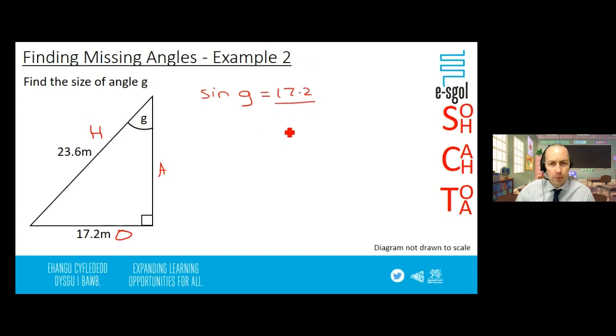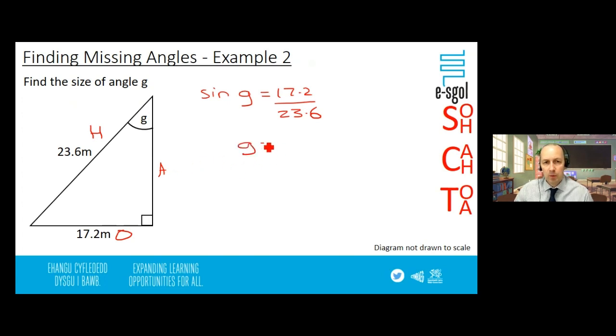and hypotenuse is 23.6. Now there is always a fear with these questions of mixing these numbers up. For example, I could have 23.6 on top. What will often happen in that situation is your calculator will come back with an error, telling you that you've made a mistake. So just double check what you've done and make sure you've labeled your sides correctly.